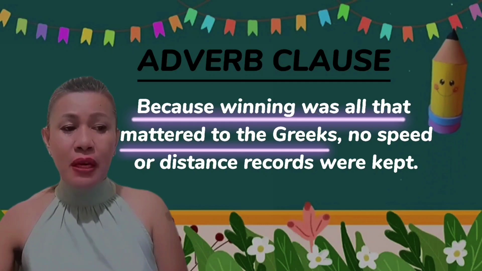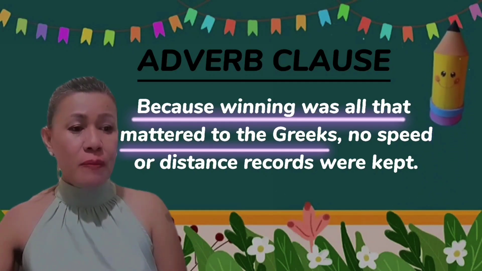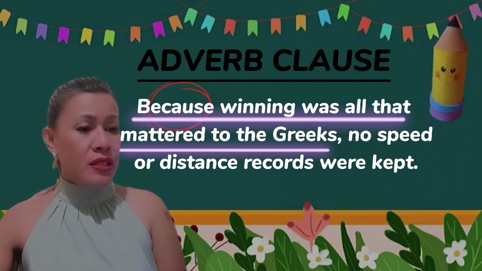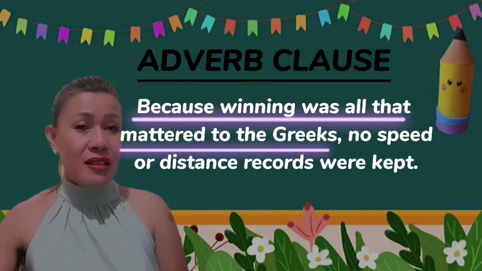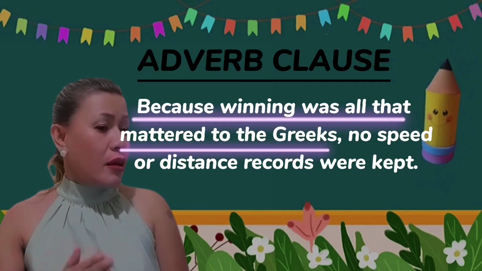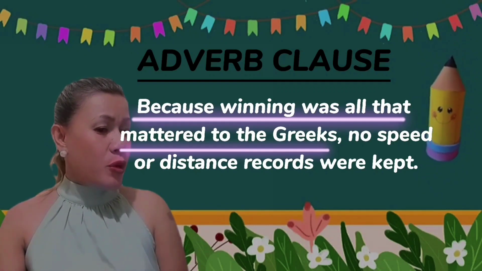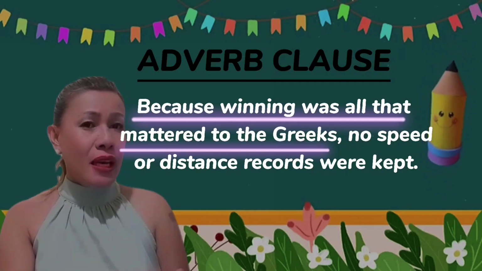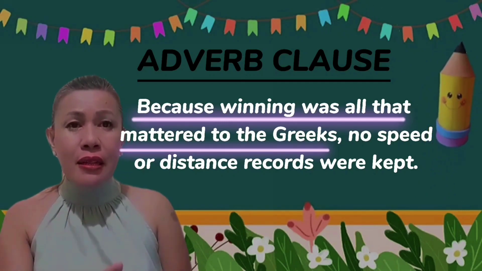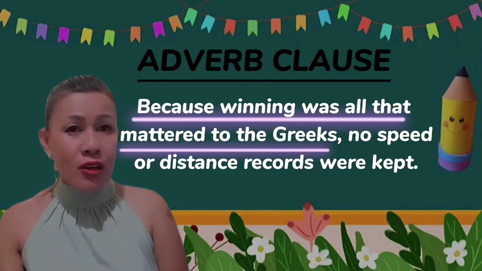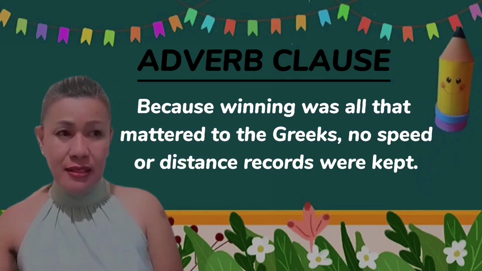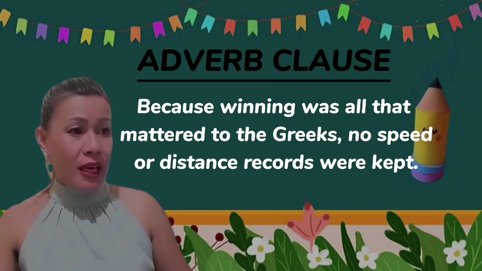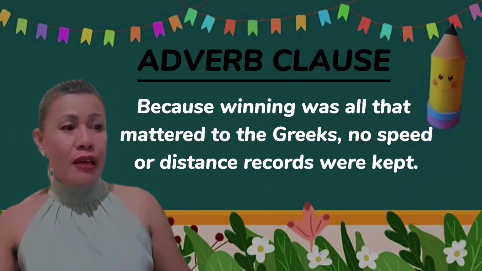It's an adverb clause beginning with a subordinating conjunction, because. So, notice that it is incomplete by itself. It needs "no speed or distance records were kept" to complete its meaning. In other words, it needs the main clause to complete its meaning. So, an adverb clause can be used to begin your sentence. Okay, so that's another way of beginning your sentence.